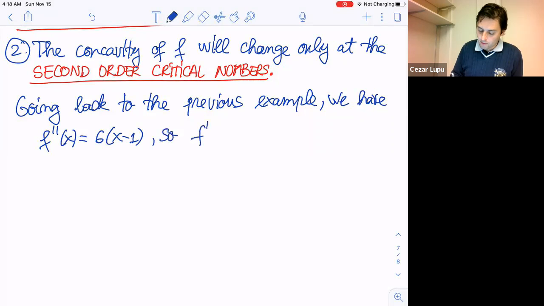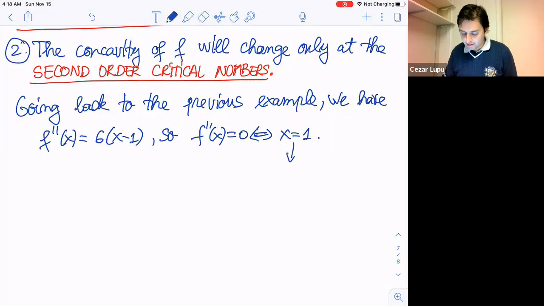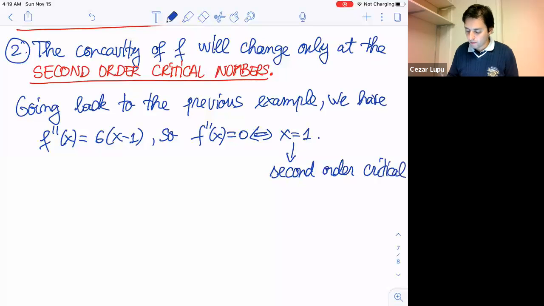So the second derivative is 0 if and only if x equals 1. And now we can say that this guy, 1, is a second order critical number, or an inflection number, whatever you want to call it. We call it second order critical number.